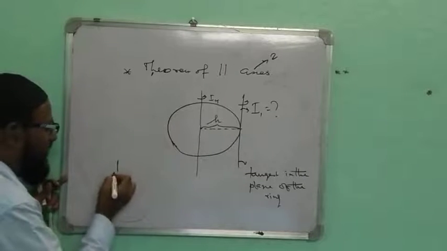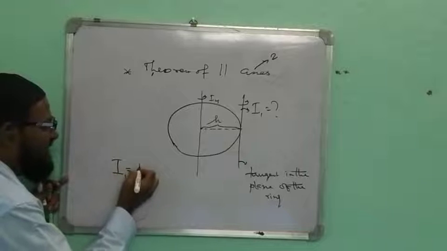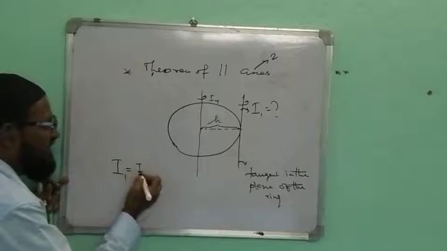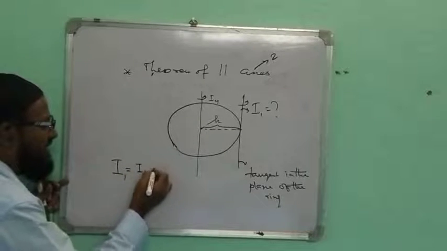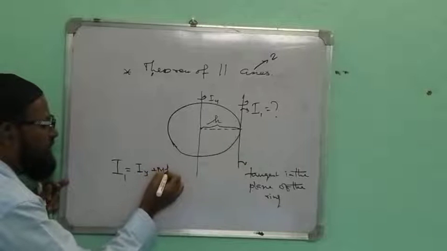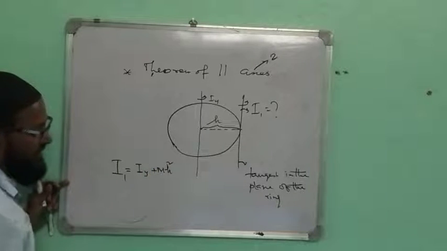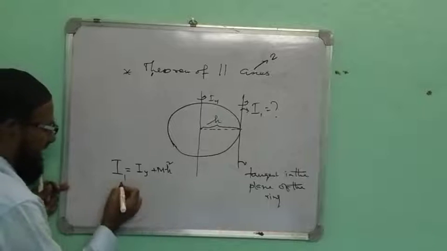One thing is important. Here I1 equals I_Y plus M H square. What is H?